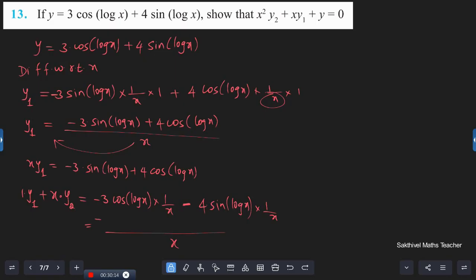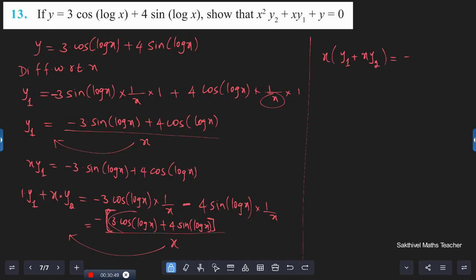Minus also you can take outside. So 3 cos of log x plus 4 into sin of log x. This x you send to the opposite side, so it will multiply with whatever we have there. So x into 1 into y1 plus x into y2, I'm writing as it is. Because x is going that side, minus we have.